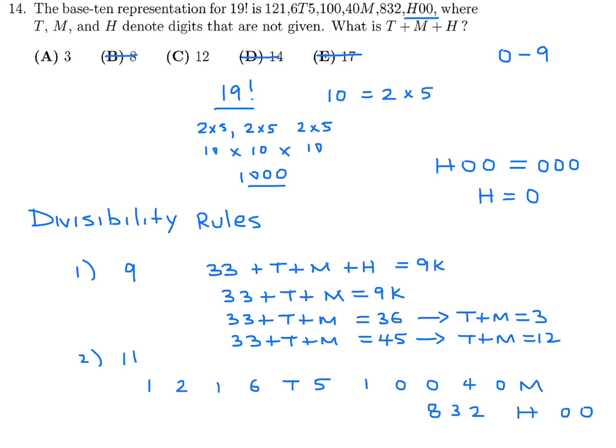Alternating sum is where you alternate: plus, minus, plus, minus, and so on. That's what they mean. And that has to be equal to some multiple of 11, so 11k. When you do that whole math, you basically get t minus m minus 7. And remember, h is 0.